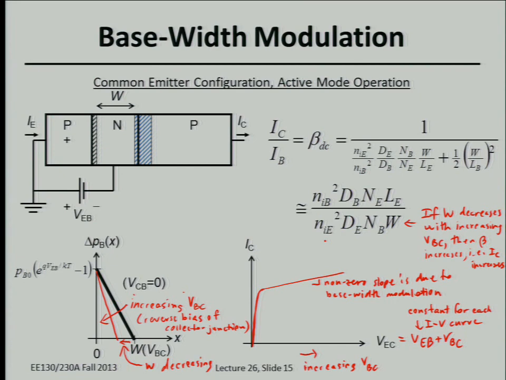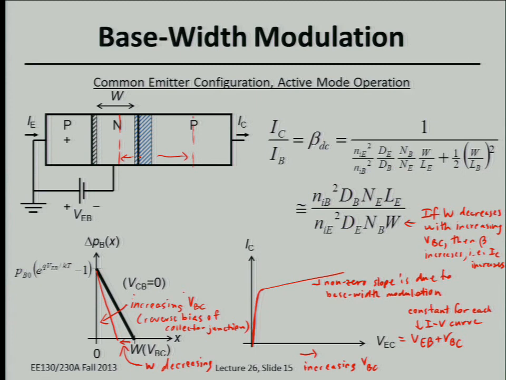But in reality, if we increase the reverse bias on the base collector junction, the width of the depletion region increases. I'm going to exaggerate. The depletion region gets wider as you increase the reverse bias on the collector junction.